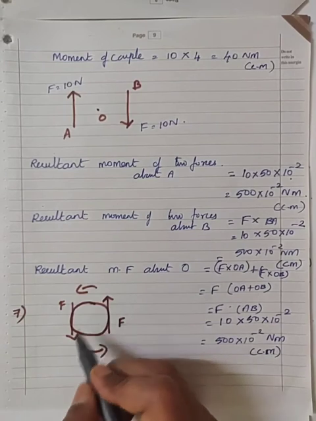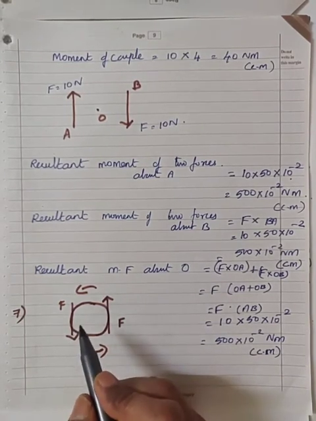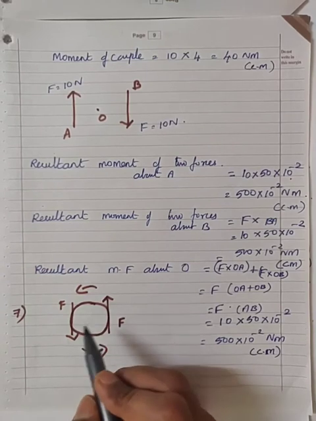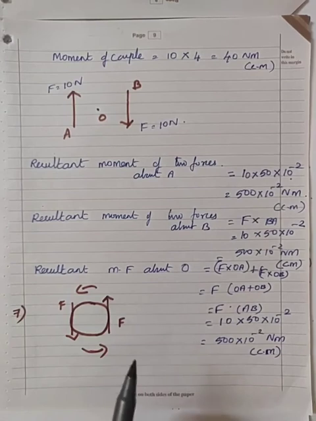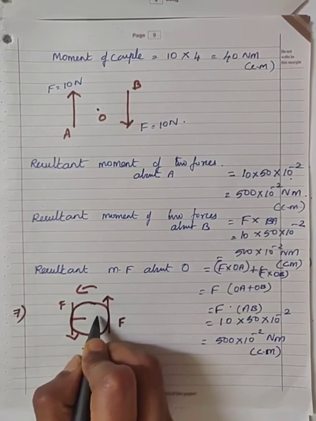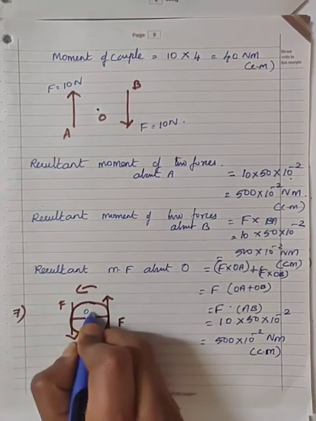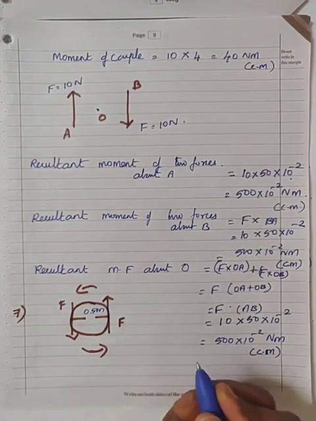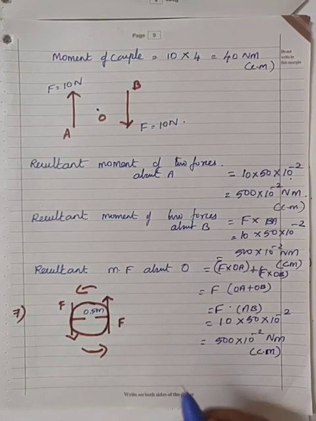So two equal forces acting on the same body whose lines of action are not the same constitute a couple. Okay. So first you are asked to draw the diagram, and the steering wheel has a diameter of 0.5 meter. Now we have to calculate the moment of force applied.